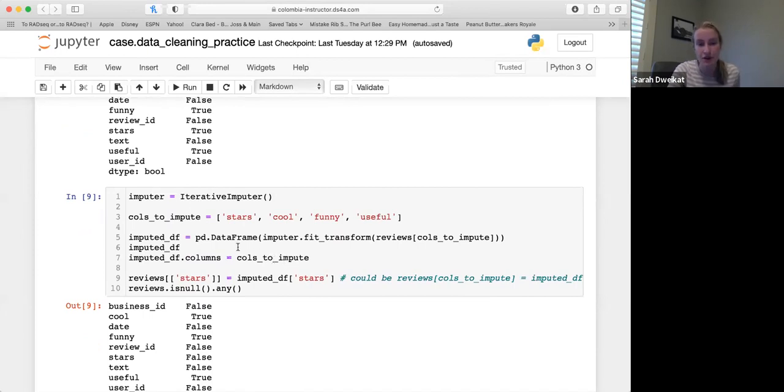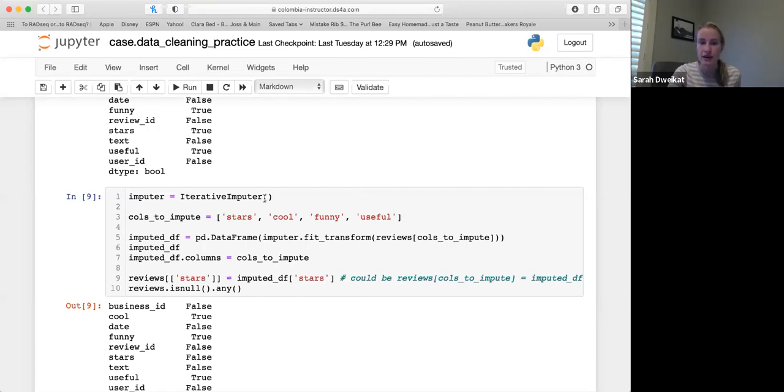The way this works is you use imputer.fit_transform, which is used for basically training data in machine learning. But here our training data is the data that we do have. So we use this fit transform on these 4 columns from the reviews data set: reviews, and then our columns to impute.